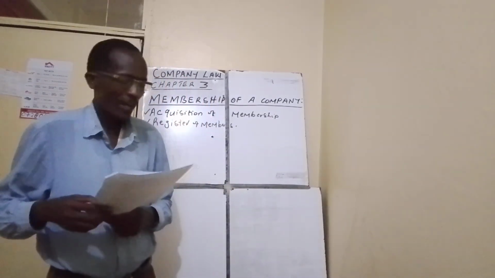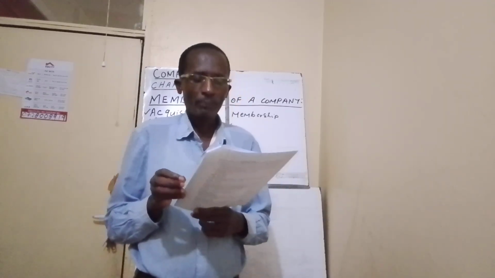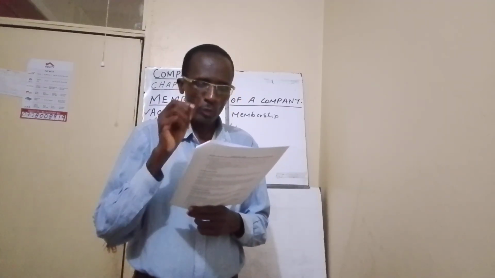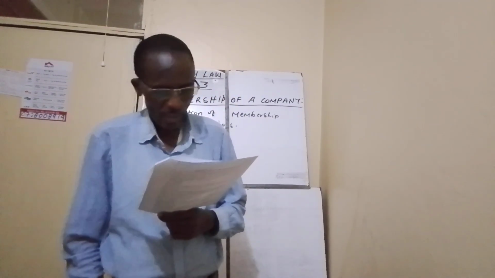So the company register must have these details. 1, full names and postal address of the members. 2, the number of shares held by each member. 3, amount paid or agreed to be paid as the consideration on the shares of each member. 4, the date at which each person was entered in the register of members.